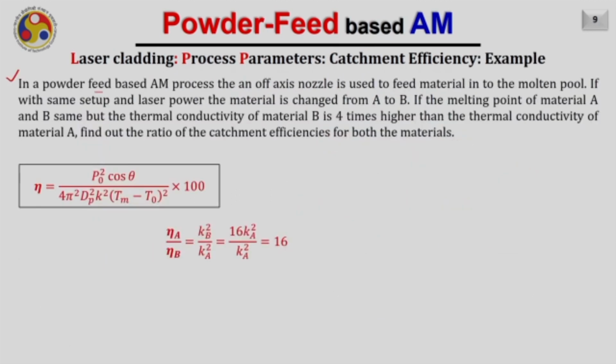Now let us consider a few examples. In the first example, in a powder feed based additive manufacturing process, an off axis nozzle is used to feed the material into the molten pool.